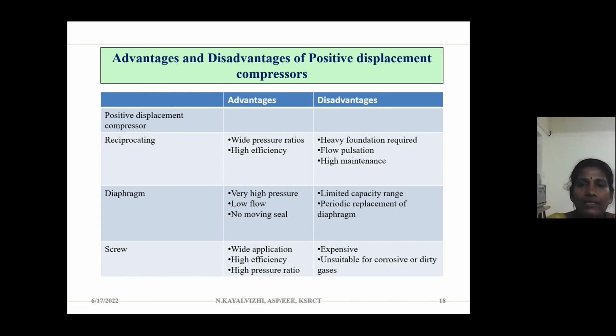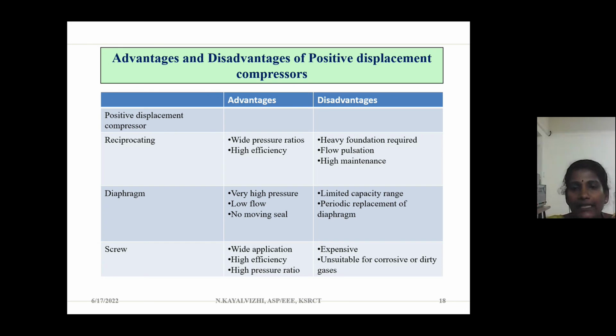Next, positive displacement compressors also have advantages and disadvantages. Here we have reciprocating and diaphragm. The reciprocating compressor has the advantages of wide pressure ratios and high efficiency. The disadvantages are a heavy foundation required, pulsation and high maintenance. The diaphragm compressor offers very high pressure, low flow and no moving seal.